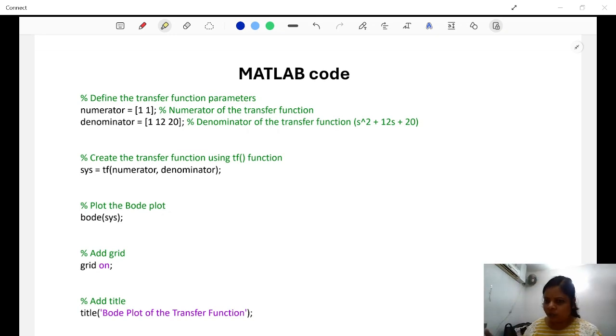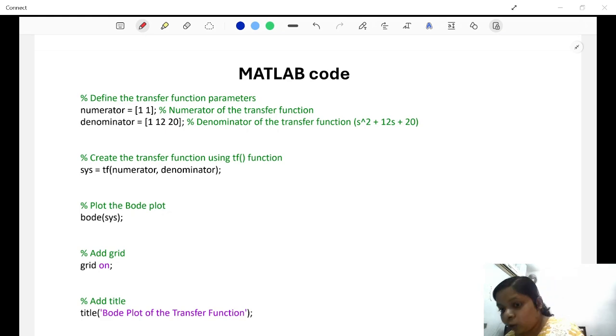So I have put the code here itself. I'll clarify how you define the transfer function. You can always use this as a tool to check whether the plots you're making are correct or not. Here you do not have to go through all the steps. It is just a function which can be called.